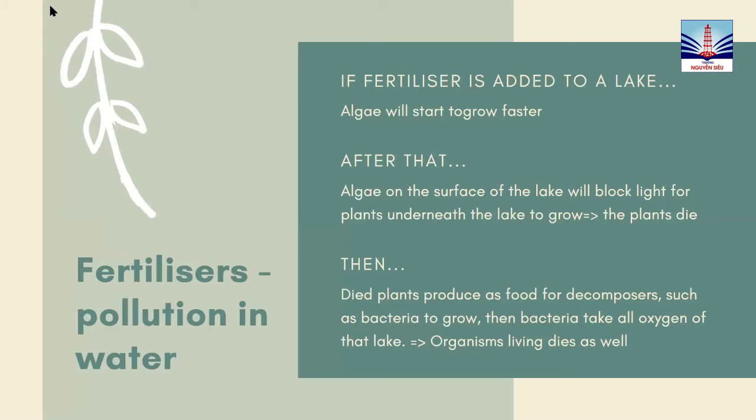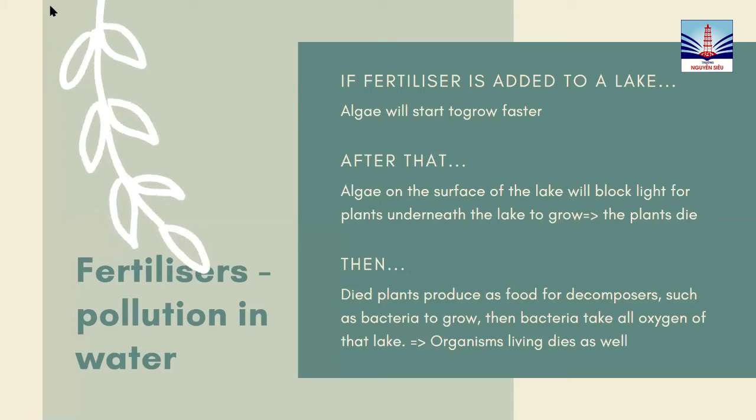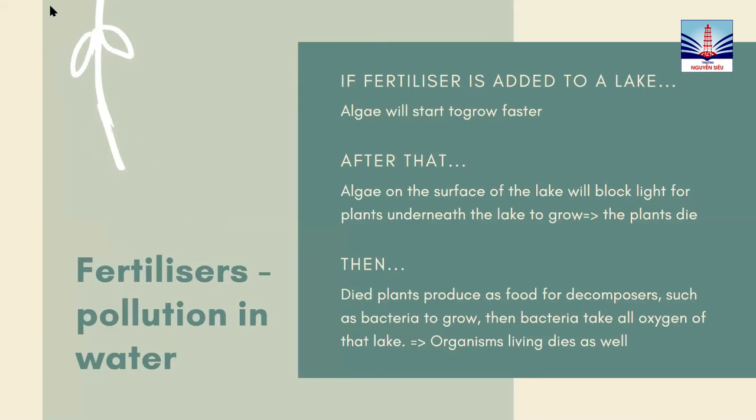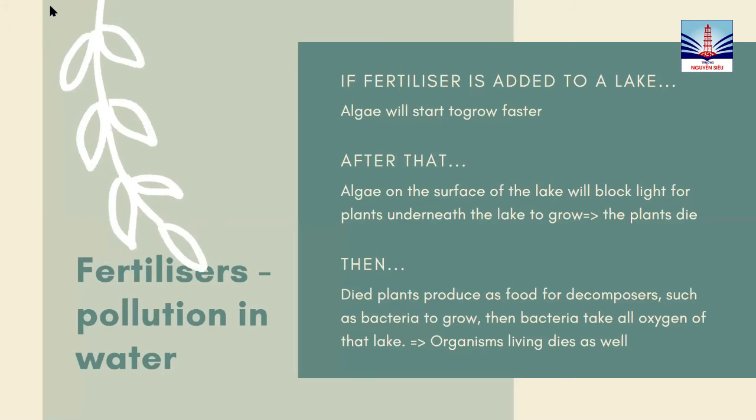After that, the algae on the surface of the lake will block the light from the plants underneath, and the plants will die because they can't photosynthesise and make food. Then the dead plants will provide more food for the decomposers, such as bacteria, and the bacteria will take all the oxygen of that lake.